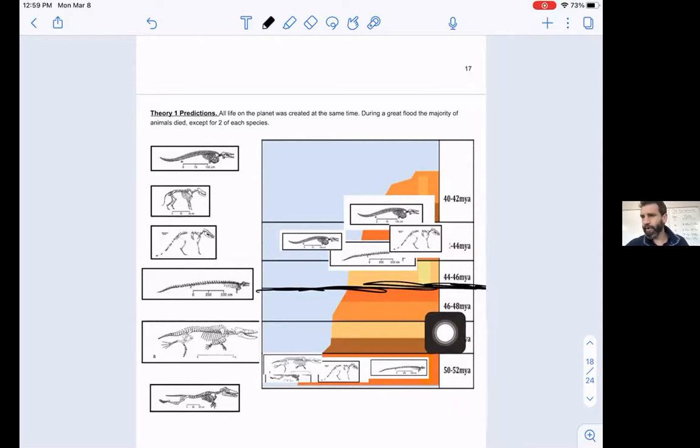So in theory one, we said all life on the planet was created at the same time. During a great flood, the majority of animals died except for two of each species.